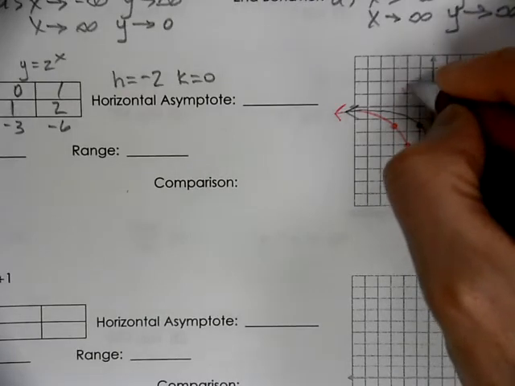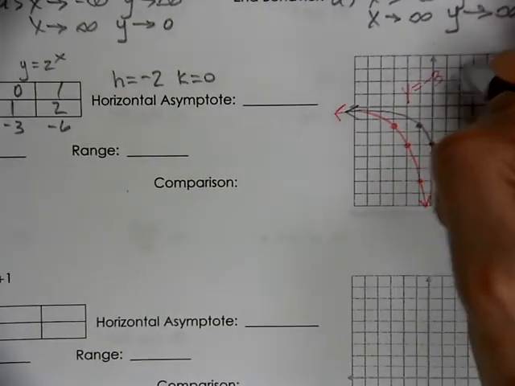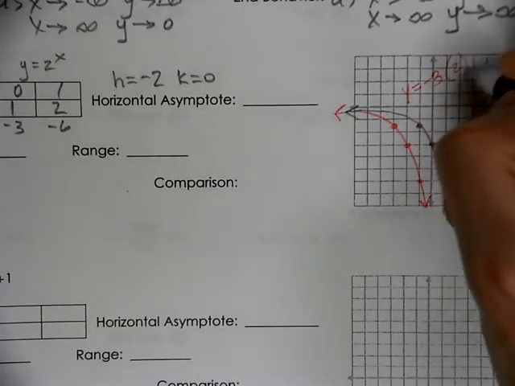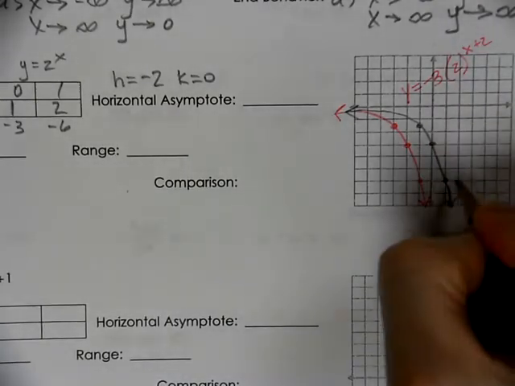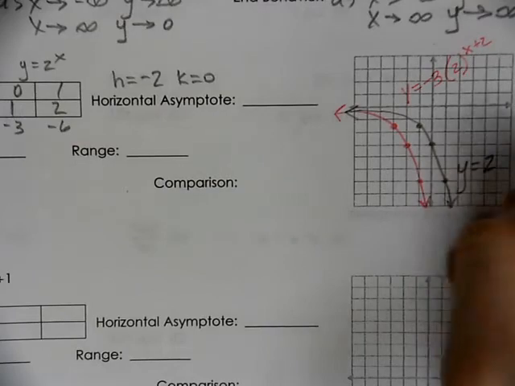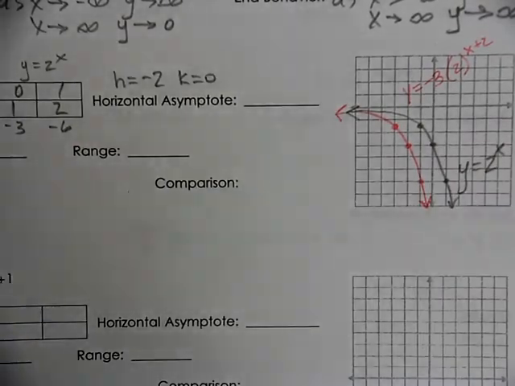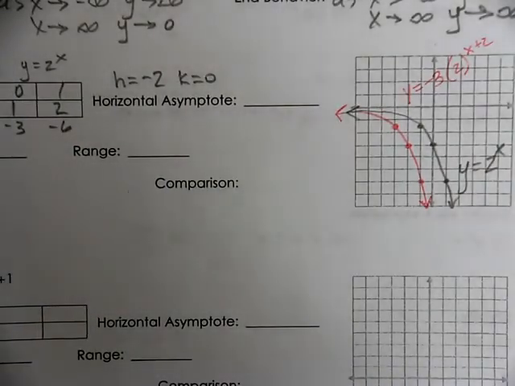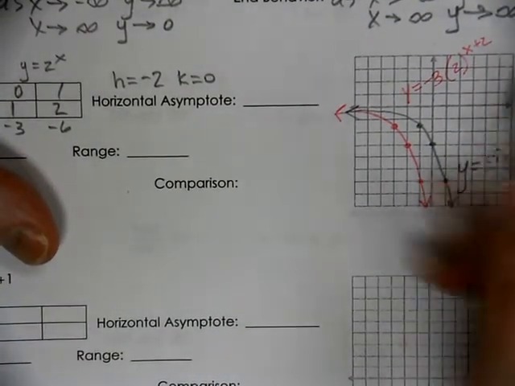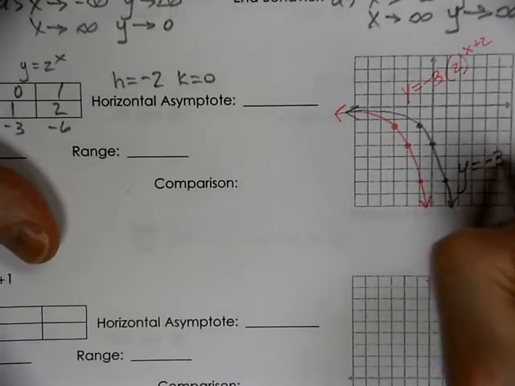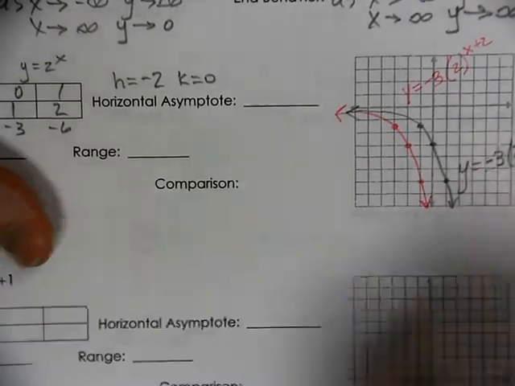So that's the graph y equals -3 times 2 to the x plus 2. This first graph was y equals 2 to the x. We had a -3 in front of this one actually. -3, 2 to the x.